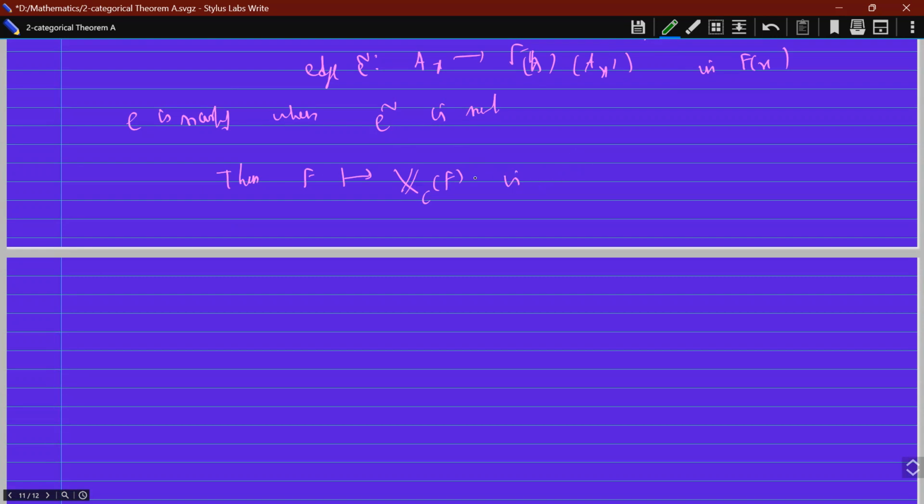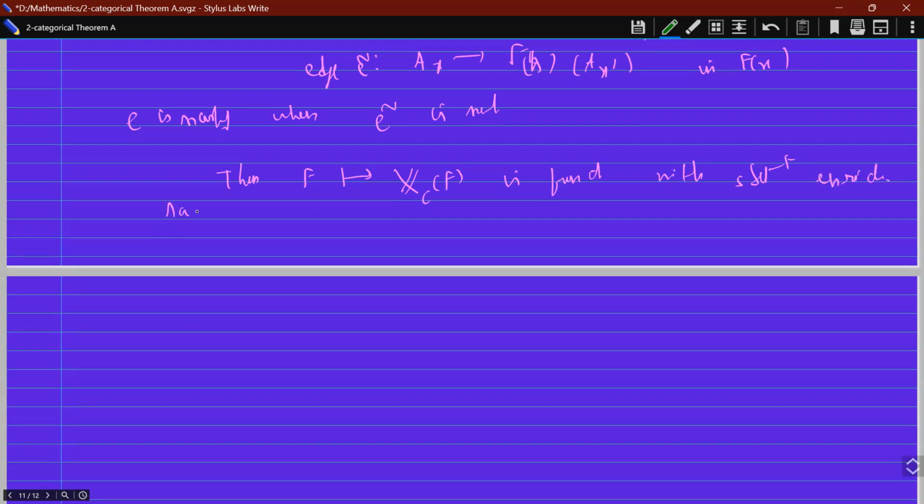So this is an observation. So this is a functor from this. We're getting a functor with marked simplicial set enriched natural transformations. And right. So yeah, thus you get this. Okay, let me write it down.